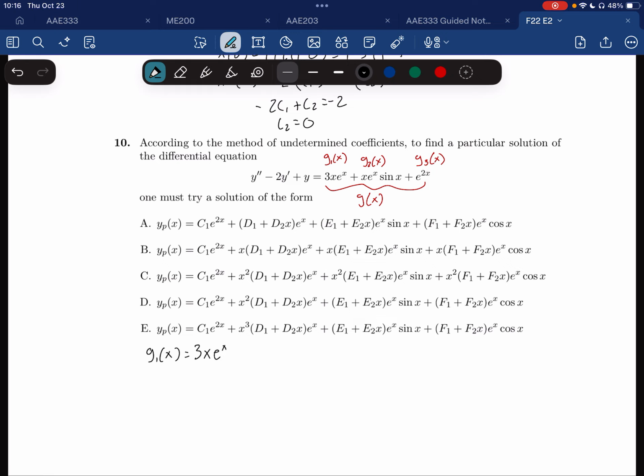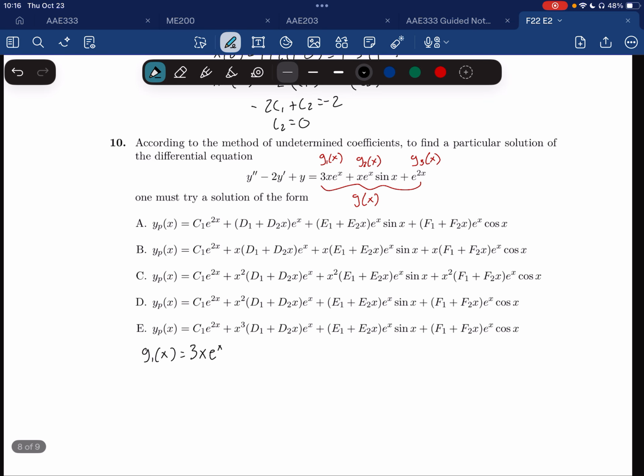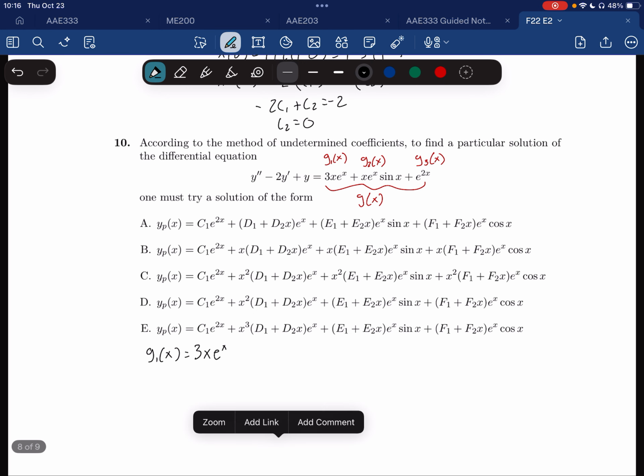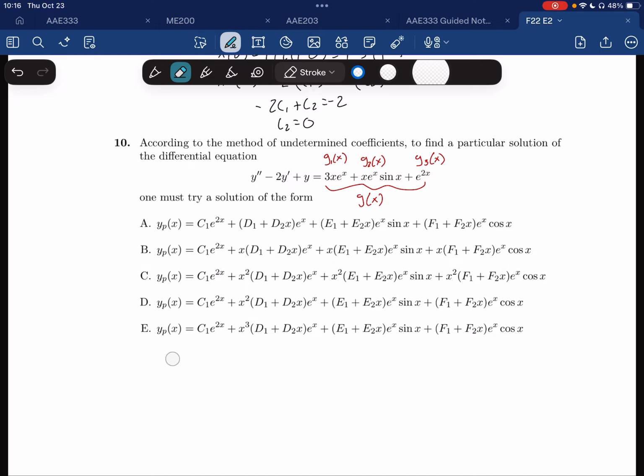So we know it has to be something of the flavor d1 e to the x plus d2 x e to the x, right? Oh, no, I lied. We don't want to do that. This can stay the same.